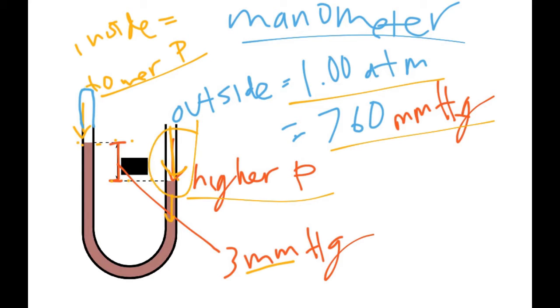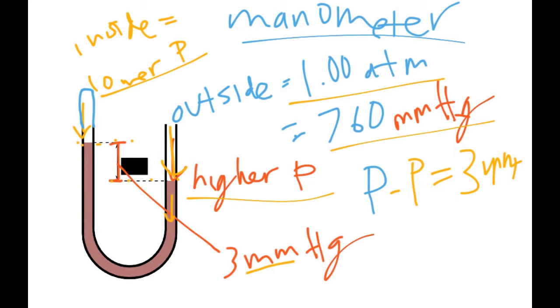Since this is higher than this, that means that the pressure outside, so I'll put the outside pressure in blue, minus the pressure on the inside, which is the one in yellow, is equal to the difference between the heights, which is 3 millimeters.